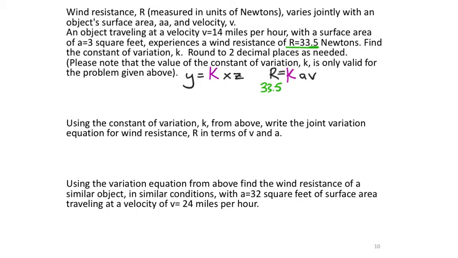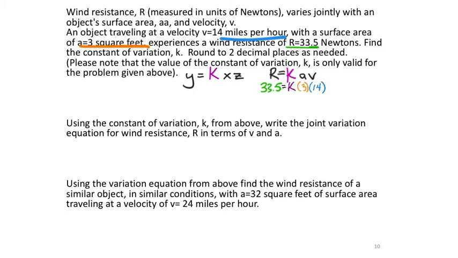Found it. 3 square feet for A. So let's go in there and replace that A with 3. And then the V, 14 miles per hour. So we'll replace the V with 14. So this will allow us to solve for the K value, the constant of joint variation.